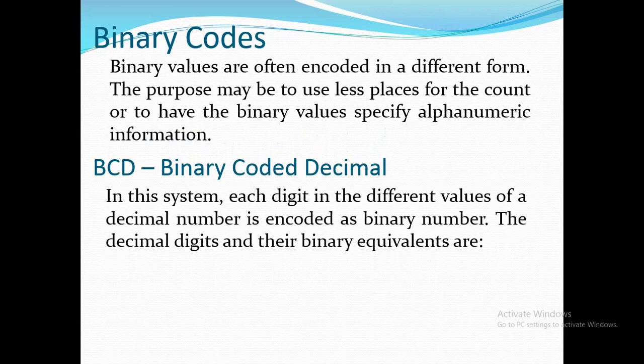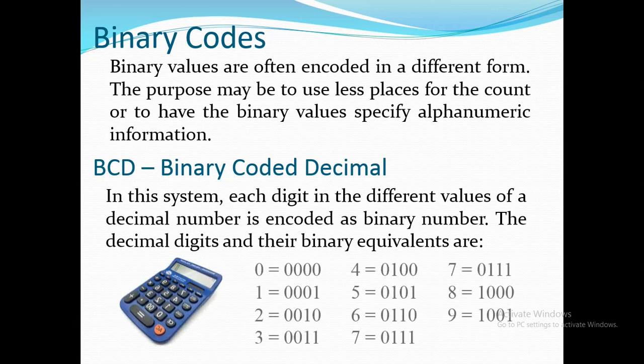Now, one binary code that is being used is the BCD, or binary coded decimal. Binary coded decimal has 4 bits. If you press a button on a calculator, it is converted into 4-bit information.